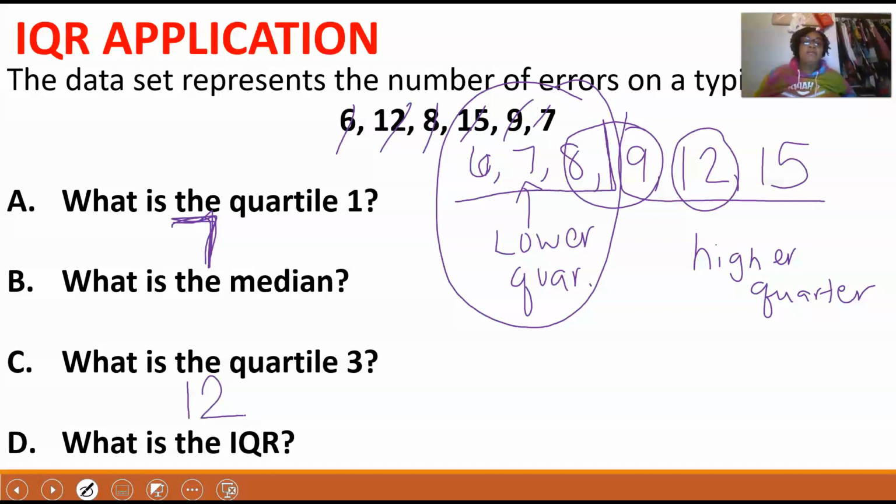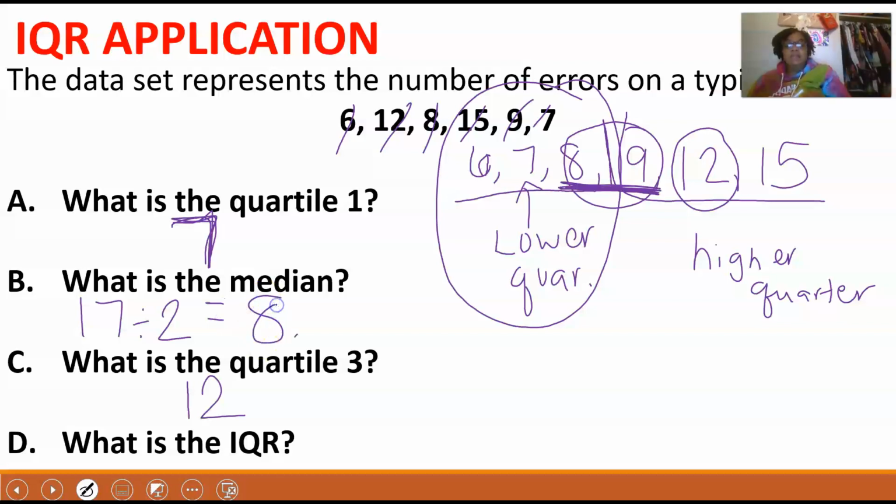The median for the whole data is 17 divided by 2, because there are two middle numbers, and you have to add those numbers up and find the average of the two, which is 8.5.